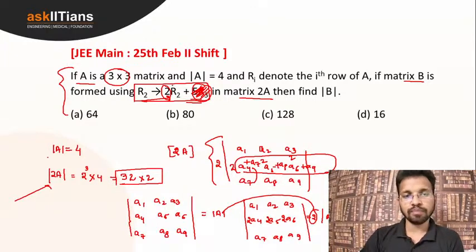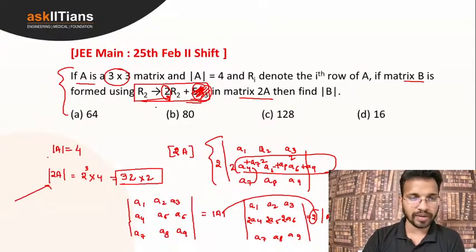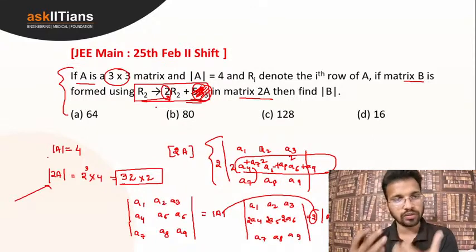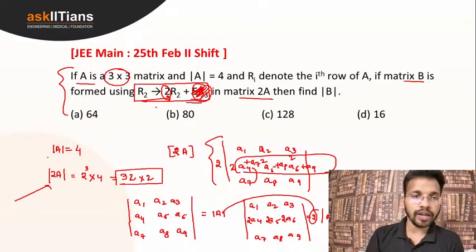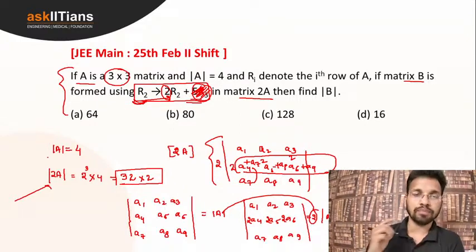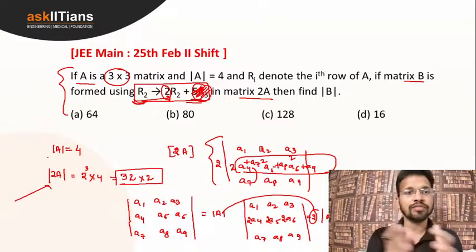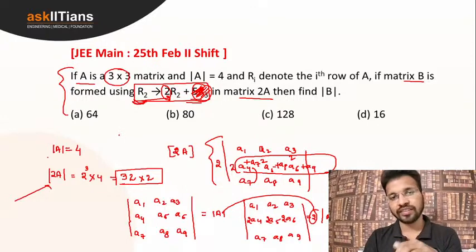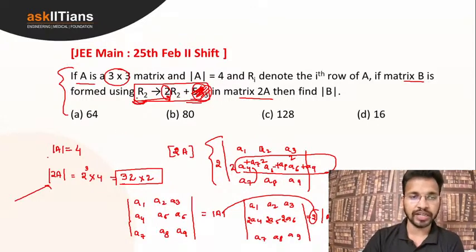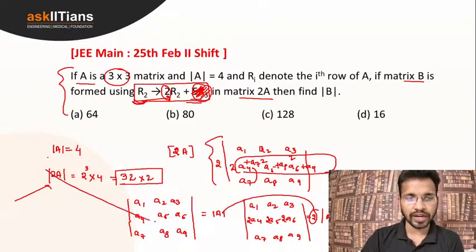So it was a very simple question. Whenever we multiply the whole matrix, all rows or all columns get multiplied, but when we multiply just a particular row, you can directly say the determinant gets multiplied by that factor. For those who know matrix handling well in terms of determinants, they could have done it without writing all these steps.